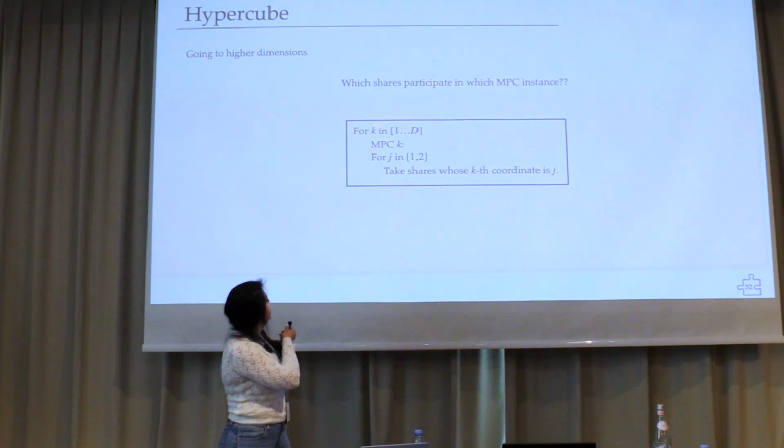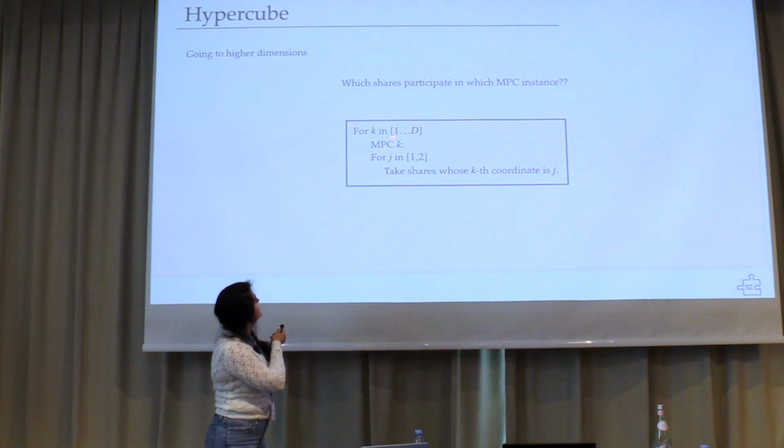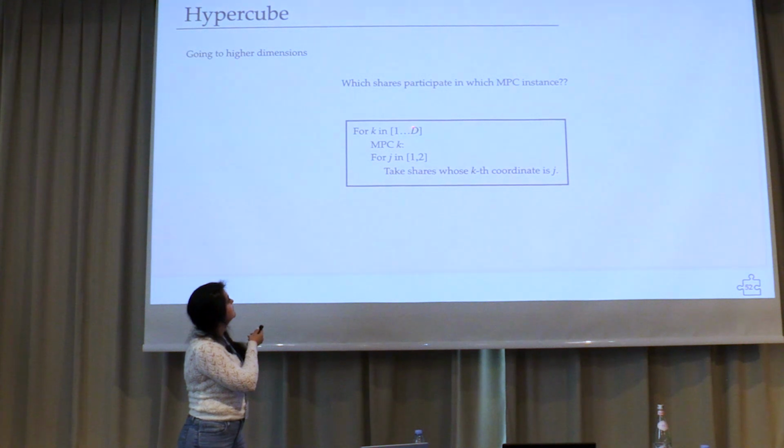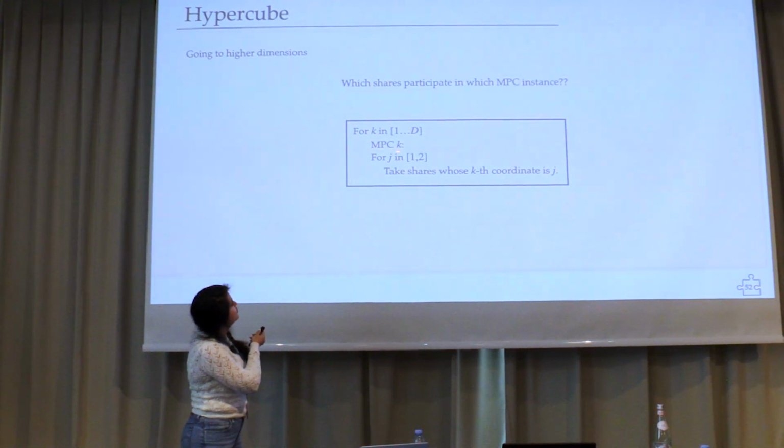Let's say K is your dimension. Now we're going to look at 3 dimensions, so D is going to be 3 here. So for K in 1 to 3, you build the MPC protocol number K, and these are the shares that are included in that protocol, that are included in the sum.